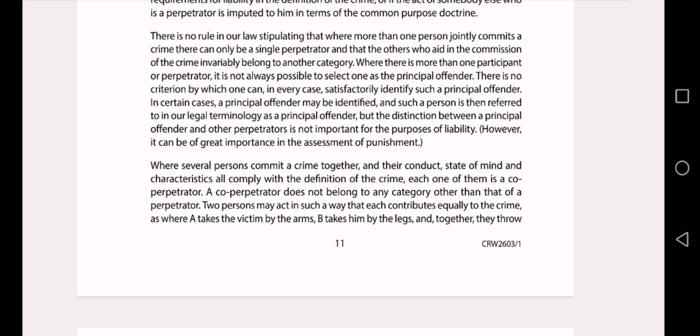Where there is more than one participant or perpetrator, it is not always possible to select one as a principal offender. There is no criteria by which one can, in every case, satisfactorily identify such a principal.